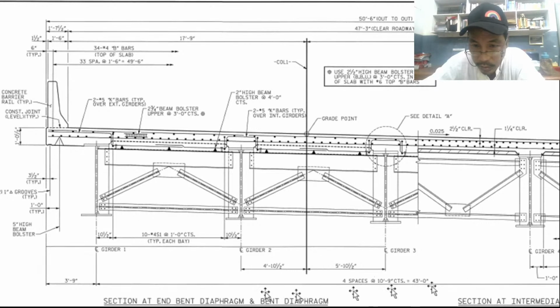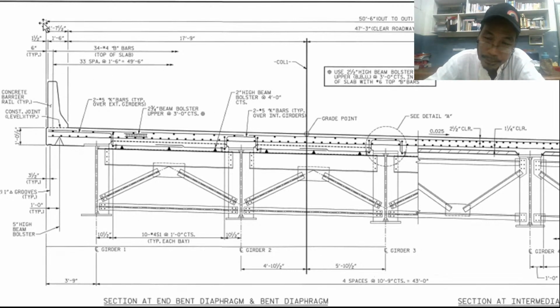Out meaning the extreme, the farthest extreme on the left side to the farthest extreme on the right side. That is what we mean by out to out. Okay, so the dimension is 50 feet. So this is a very wide bridge.